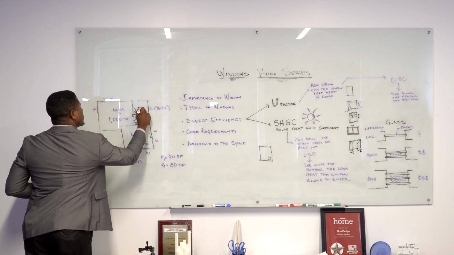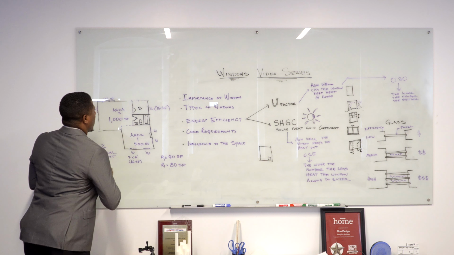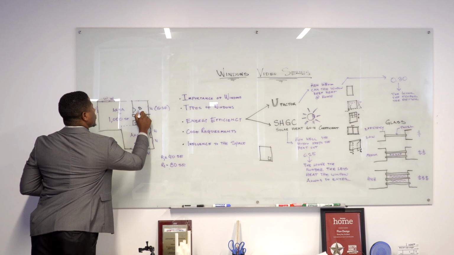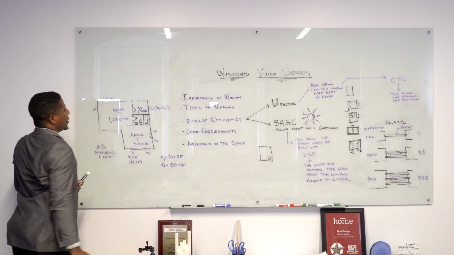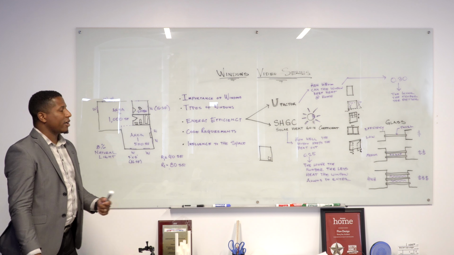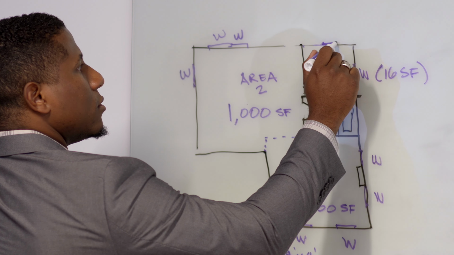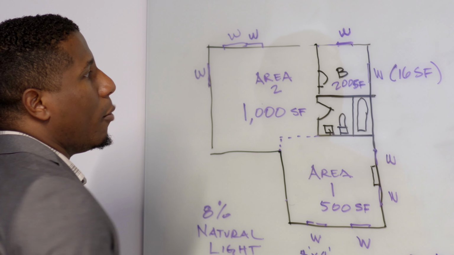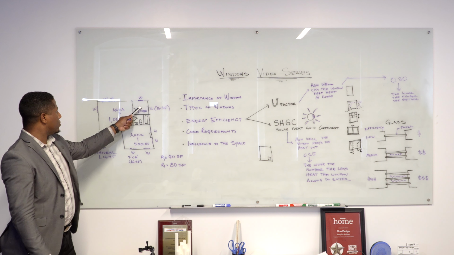We have a bedroom in here. Now that area is much smaller. Let's say you have 200 square feet of area. Now my minimum requirement, if we just take 10%, is 20 square feet. You could have window and window, and now you comply with that requirement on that room.